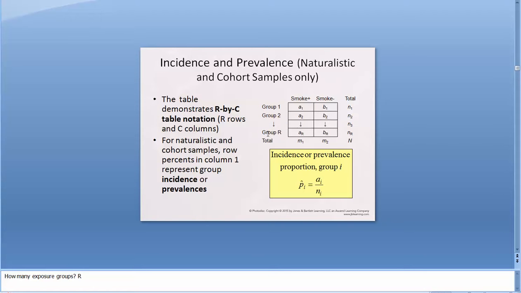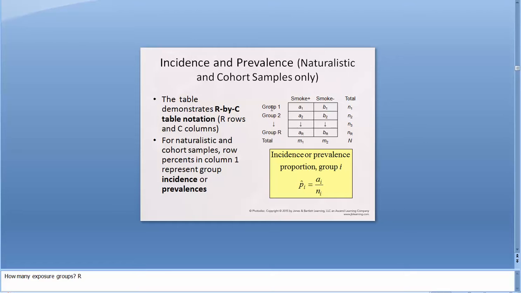Now, how do you calculate the incidence and the prevalence? Remember we talked about this. These are like the row percents. In this situation, remember exposures are in the rows, and there are R levels. So this is the general notation, right?